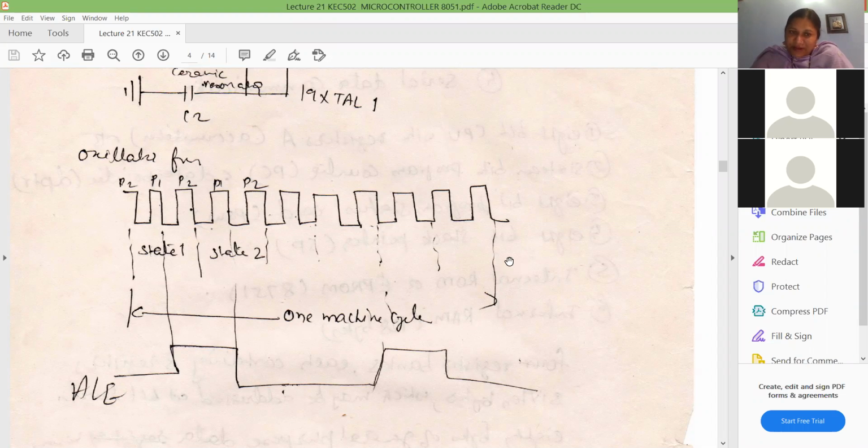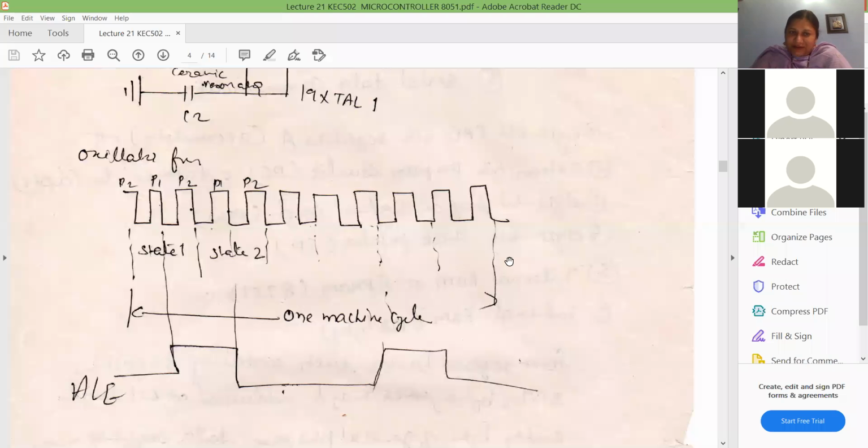So if you use 12 megahertz crystal, then what will be the internal frequency? 1 megahertz. Yeah, because these microcontrollers, they operate on higher frequencies, not like 8085 microprocessor. In 8051, you can use 12 megahertz crystal.